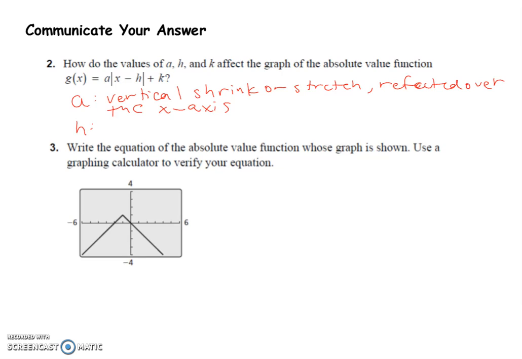And what does h do? H moves it right or left. And k moves our graph up or down.